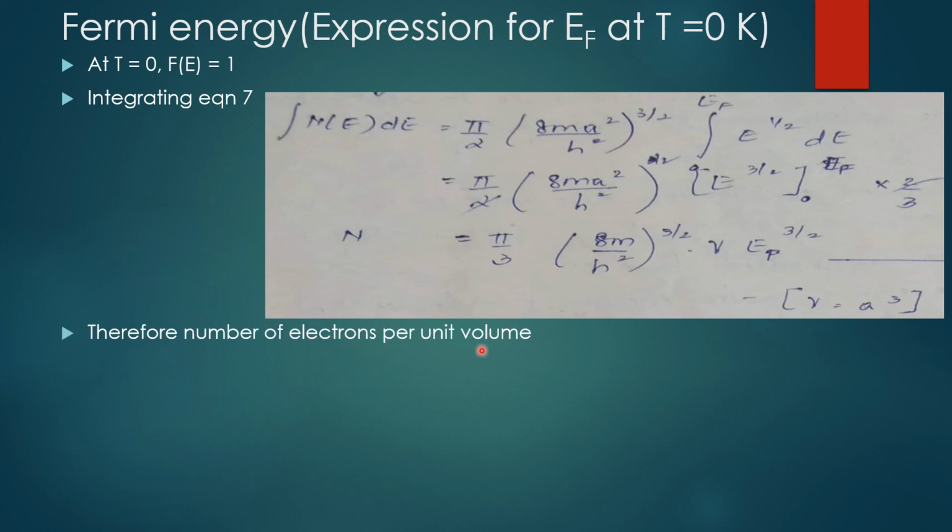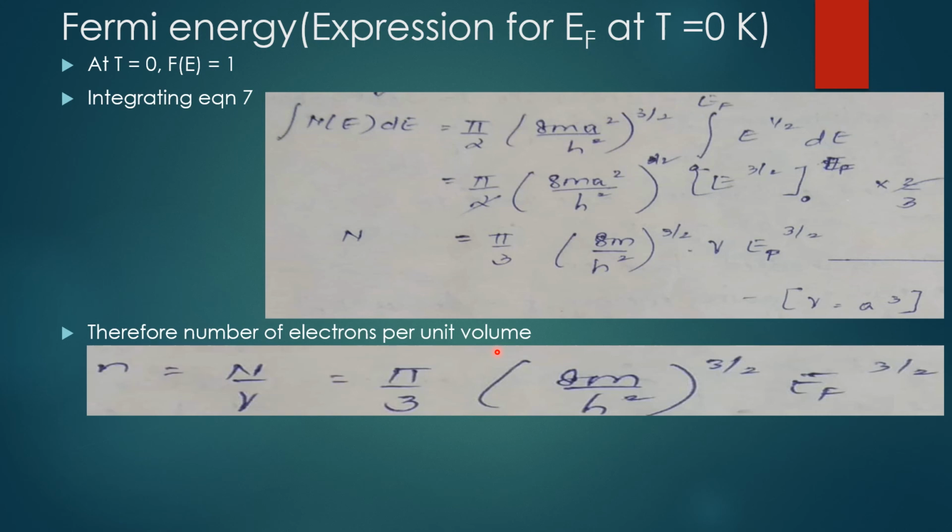Therefore, the number of electrons per unit volume can be written as, by dividing this equation by V, capital N upon V gives small n, so that is π/3 into (8m/h²) the whole raised to 3/2 into EF raised to 3/2.